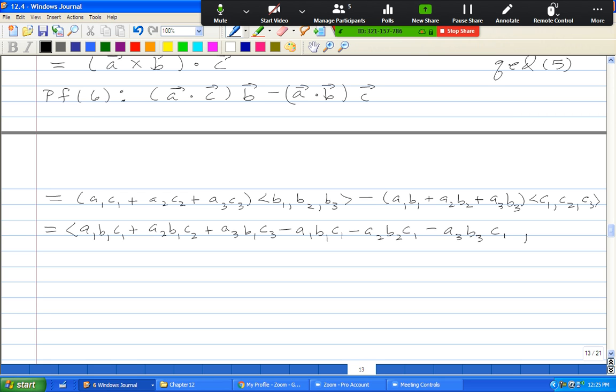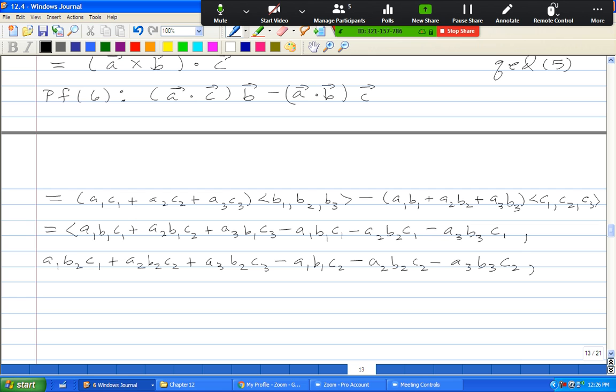Now this is the second component, so I'll just go for the second line. So it will be A1 B2 C1 plus A2 B2 C2 plus A3 B2 C3 minus the second component A1 B1 C2, A2 B2 C2, A3 B3 C2.